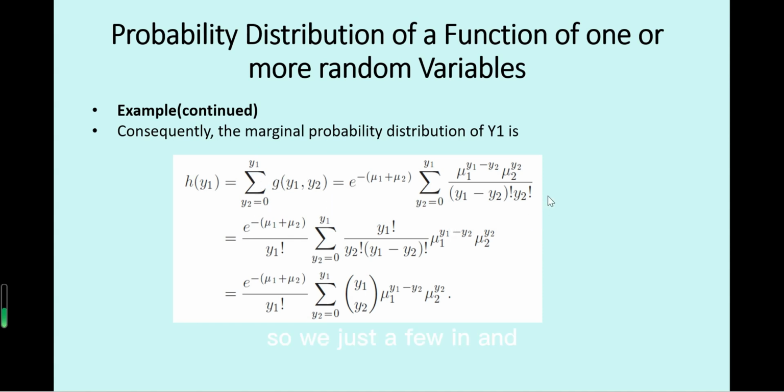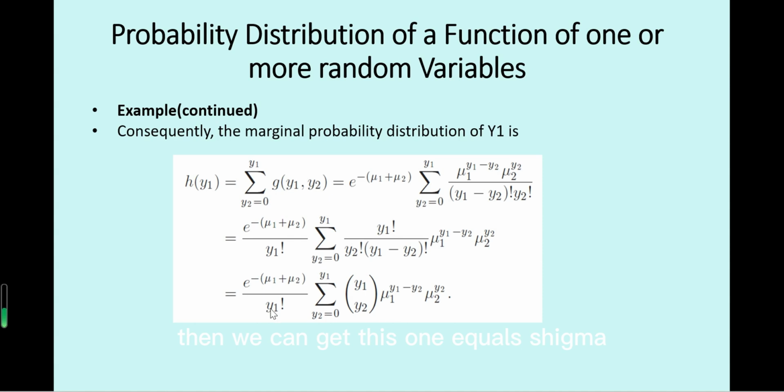So we just fill in and take this part out from the sigma, then go one step further, dividing by y1 factorial and then times y1 factorial here.